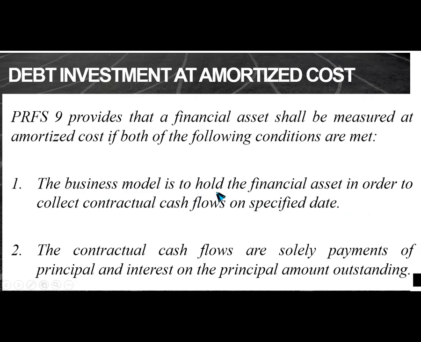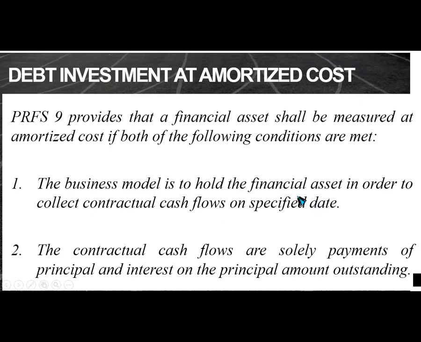Your intention is to hold those bonds until maturity to obtain contractual cash flows. What are contractual cash flows? Contractual cash flows include the interest promised to you by the issuer of the bonds, and of course the principal, in the event that your bonds mature. So those are the contractual cash flows.